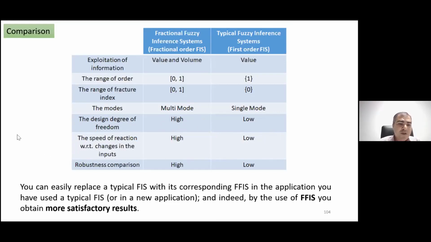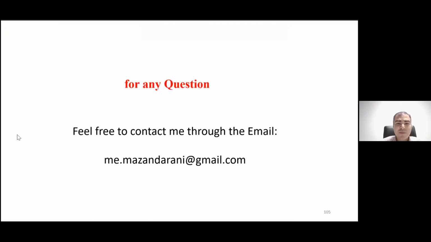And you can easily replace a typical FIS with its corresponding FFIS in the application where you have used a typical FIS, or in your new application. And indeed, by the use of FFIS, you obtain more satisfactory results. So for any question, please feel free to contact me through email.